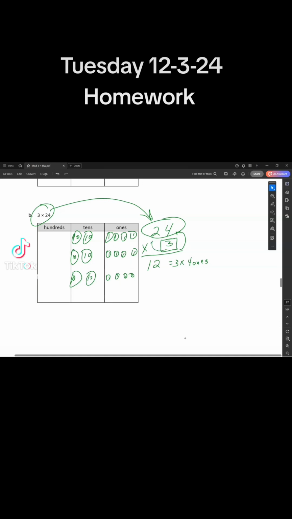Next, I multiply the tens. 3 times 2 tens, because 2 is in the tens place. 3 times 2 is 6. I'm multiplying by tens, so I add a 0. Add them together, I get 72.